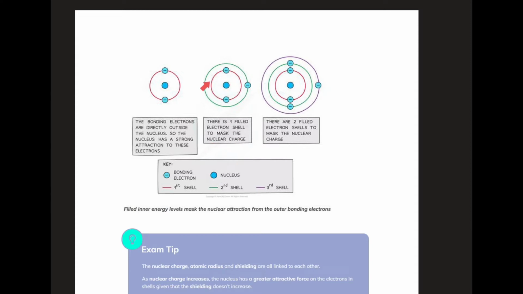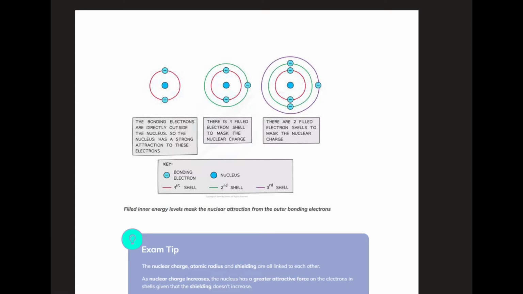That means this one is trying to block the attraction of the nucleus towards the outermost electrons. And this one is even more shielding because there are one, two, three shells. So the two inner shells are trying to block the attraction of the nucleus on the outermost electrons. So there is a greater shielding effect for this case.